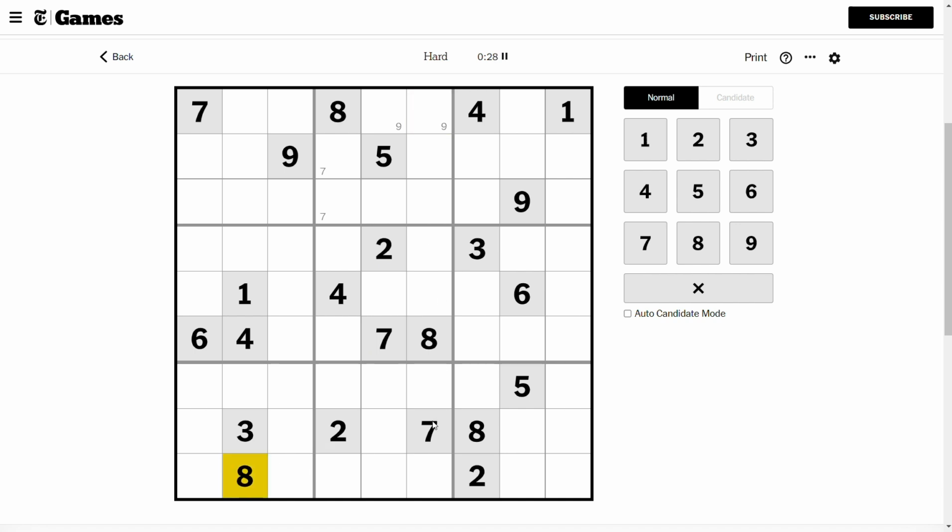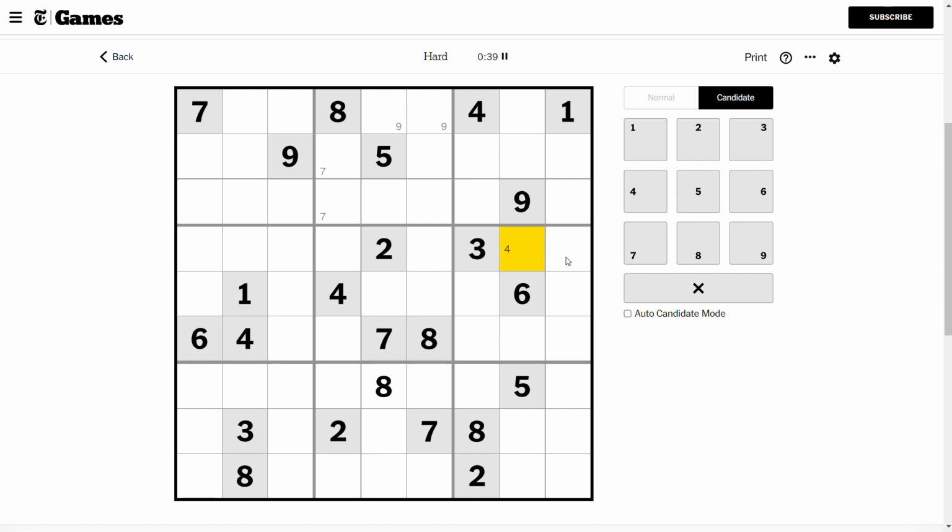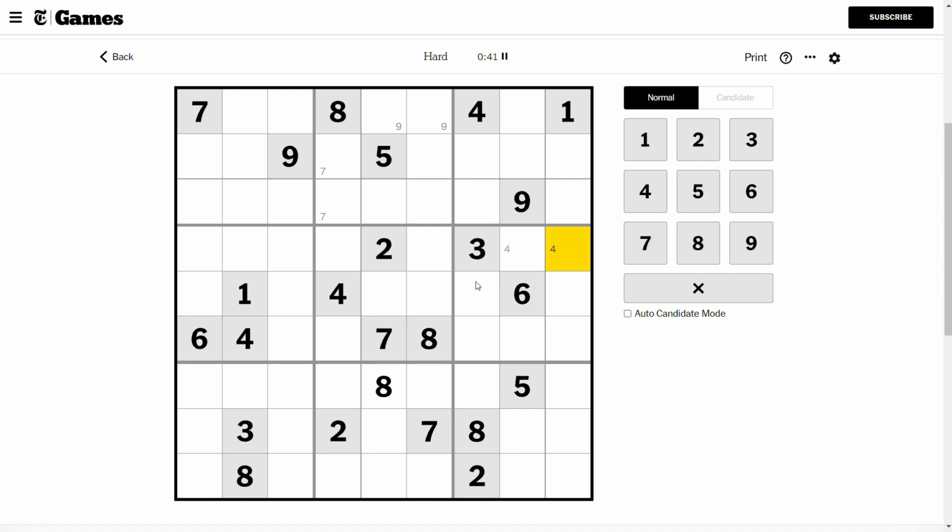Okay, all of these 8s force the digit 8 into this cell in block 8. These 4s point right. Okay, these 6s force the digit 6 into one of these two cells in block 5.